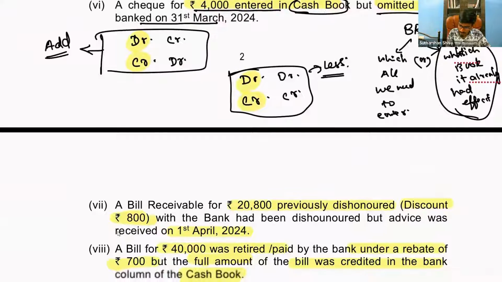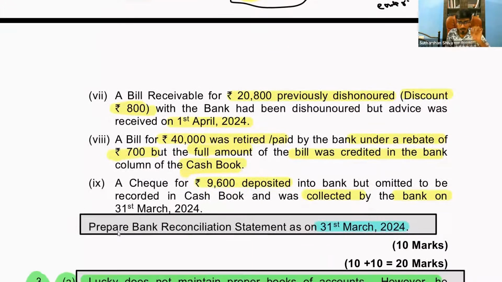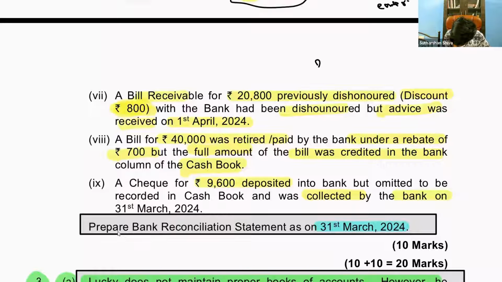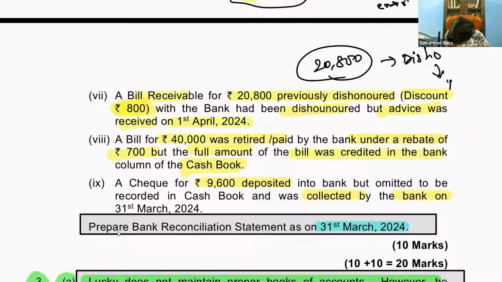Then seventh one, bills receivable. Mark the word, it is bills receivable. 20,800, previously discounted with the bank, has been dishonored, but the advice was received on 1st April. So it means the 20,800 has been dishonored, but no dishonor entry has been passed.